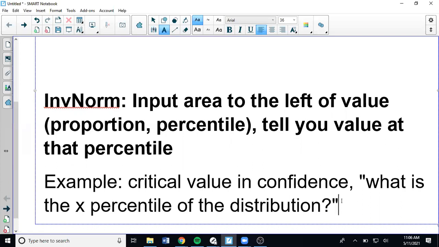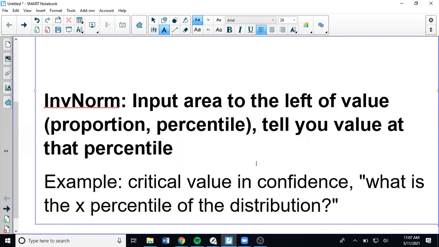Or if you have the mean and standard deviation, you can put in the area, the mean, and the standard deviation, and it'll tell you the value. Overall, it is, I have this area, this percentage, this percentile, and I want the value or the z-score.